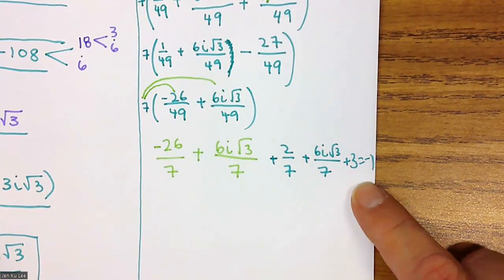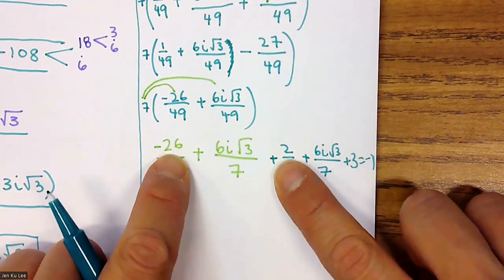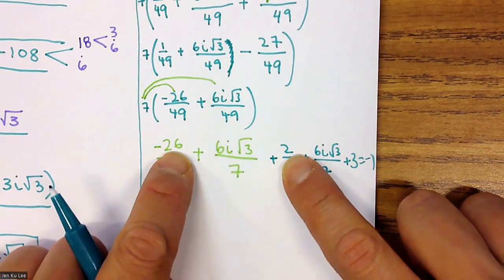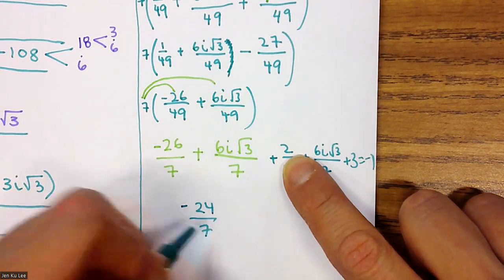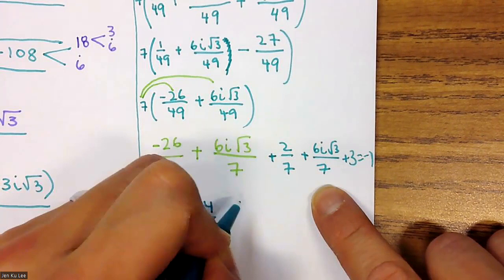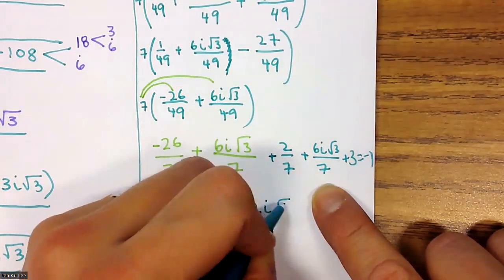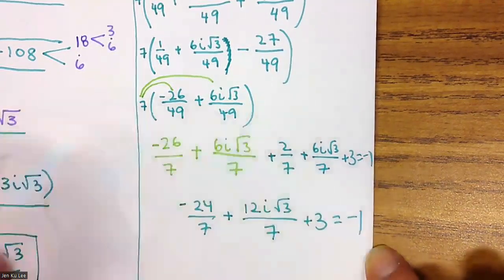Right? -26 plus 2, that is -24 over 7 plus 12i square root of 3 over 7 plus 3 equals -1.